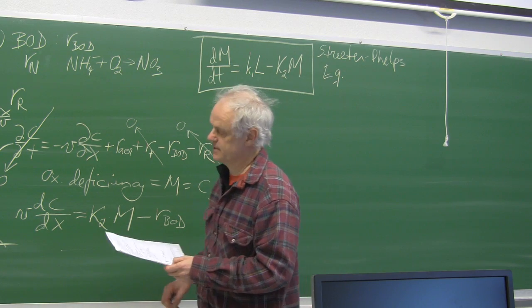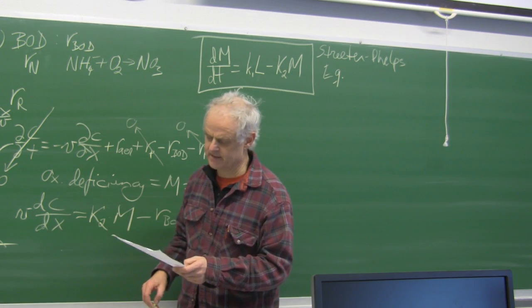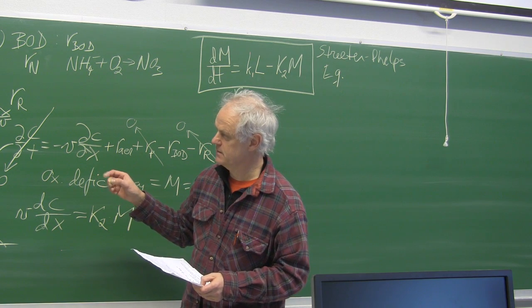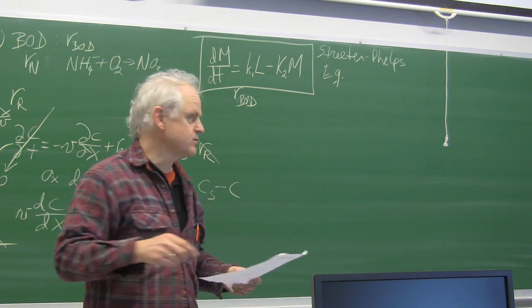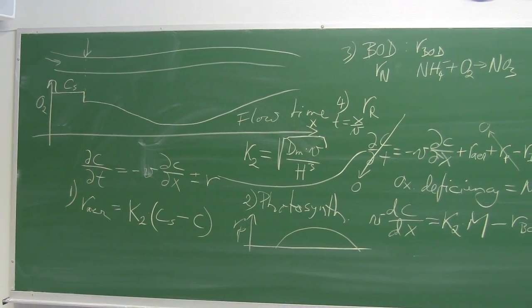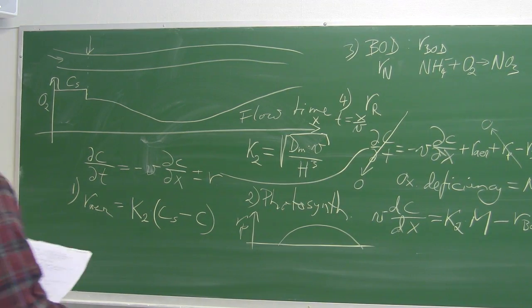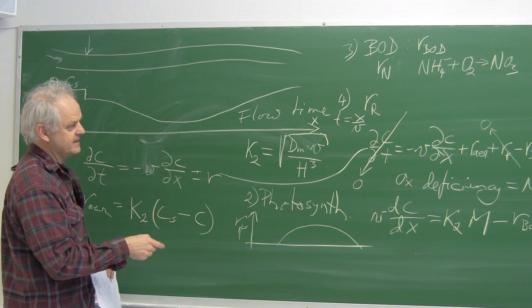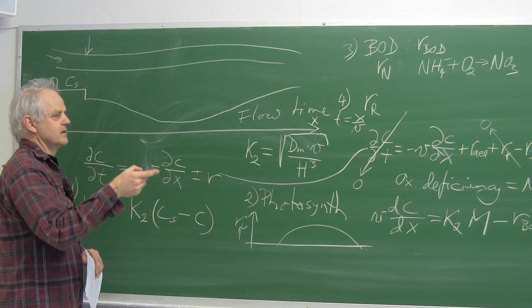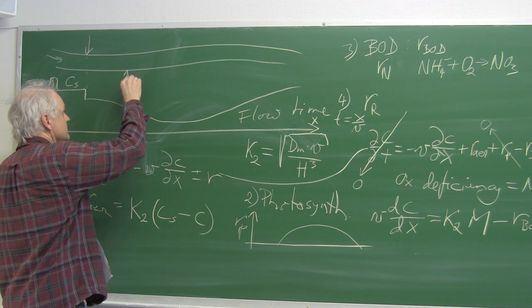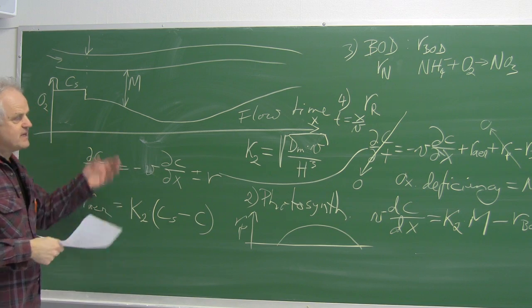If we take this now and put it back into our drawing of the river, and we put these new parameters in there, then we see that this new m that we defined, m is equal to Cs minus C. So M is what we're looking for.